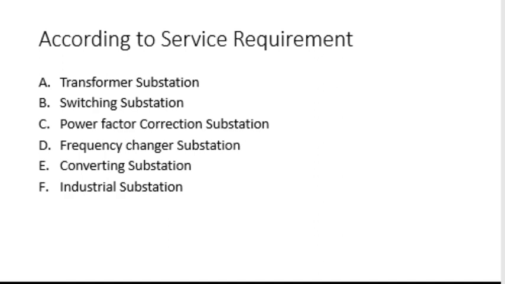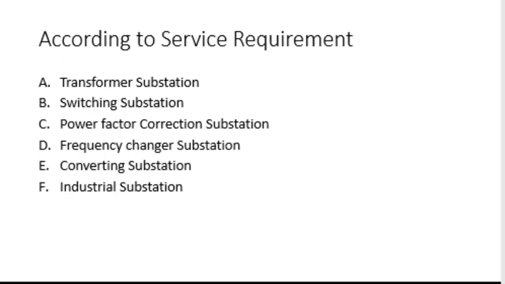In the converting substation also, we will be converting our supplies. The converters will be available. When we have an HVDC line, there will be converter substations. In that converter substation, there will be inverters in one part and rectifiers in the other part.